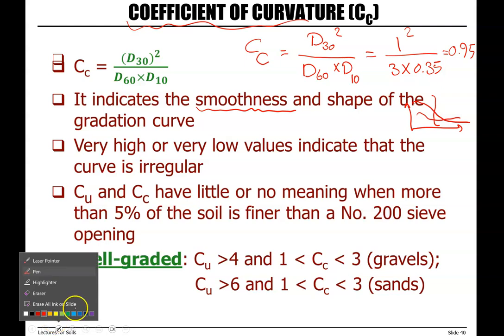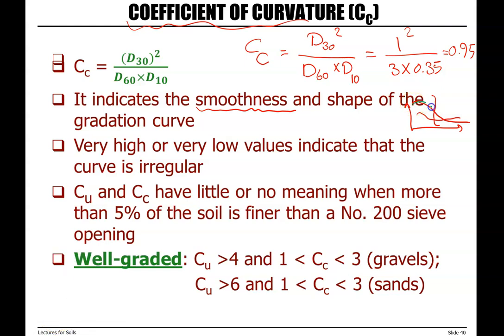What we want is something like this. So, calculating Cu and Cc, we can determine if a sample is well graded or poorly graded.